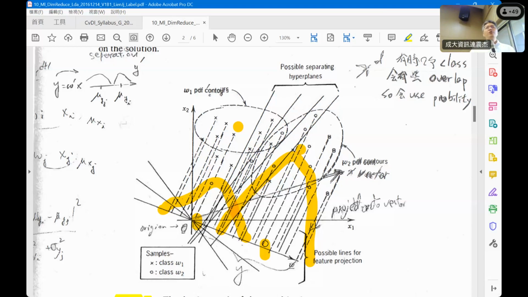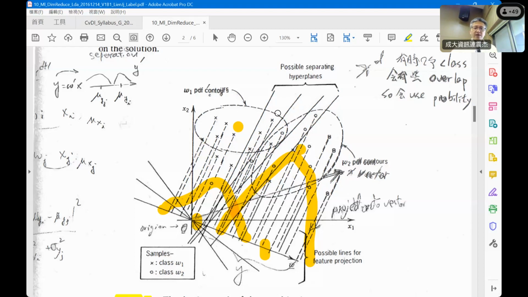The important part of LDA is the within and between relationship. Our purpose is to separate both distributions.